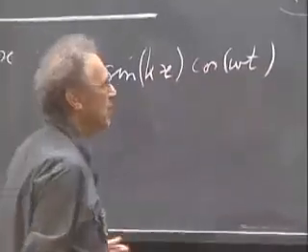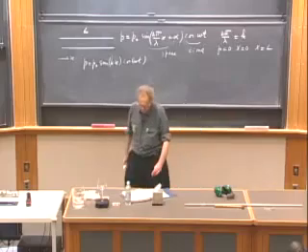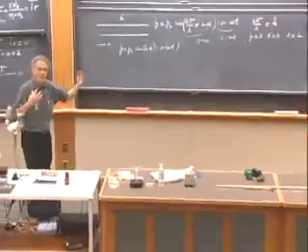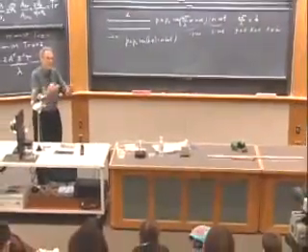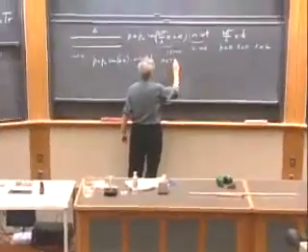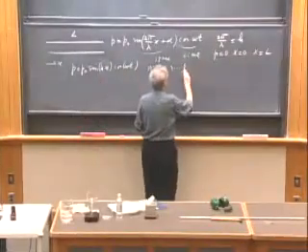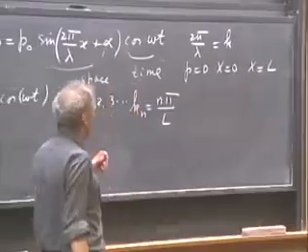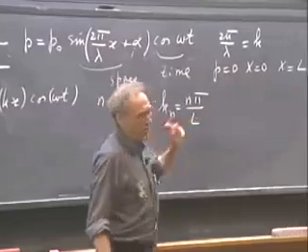And now I must meet the boundary condition that when x equals L, that P is again 0. And that now breaks open a whole spectrum of possibilities in which I introduce this normal mode number n, as in Nancy, whereby n can be 1, 2, 3, etc. And then I get solutions when k of n equals n pi divided by L. And you see that immediately, because if I make x now L, then I get the sine of n pi.